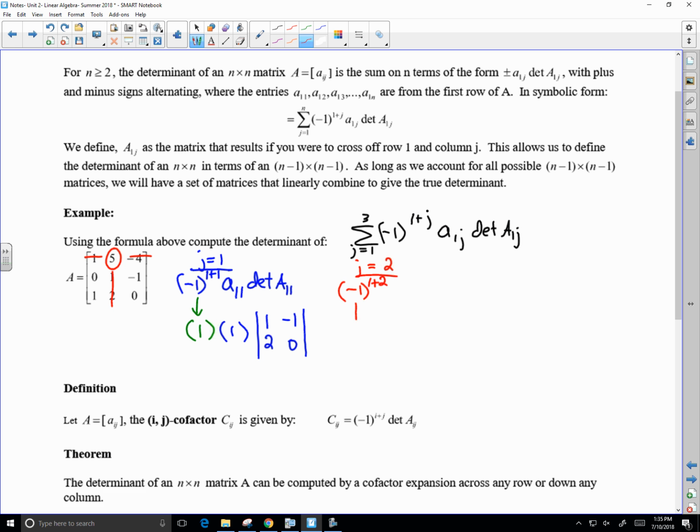That's going to give me a negative quantity, -1, times A sub 1, 2, which is a 5, and then the determinant of A sub 1, 2, which is all the remaining entries that weren't crossed off: 0, -1, 1, 0.